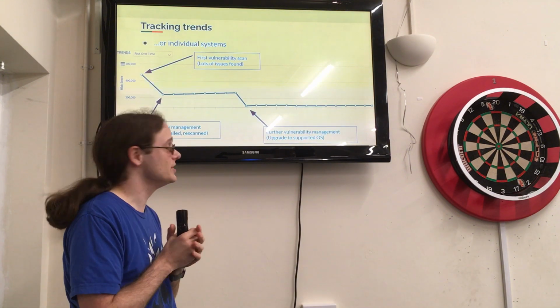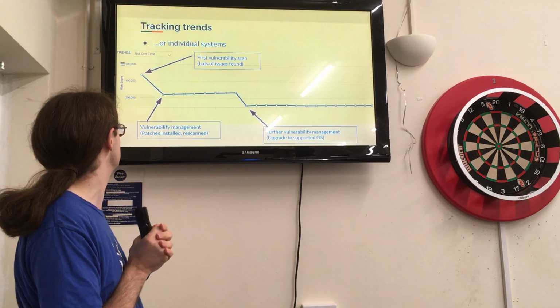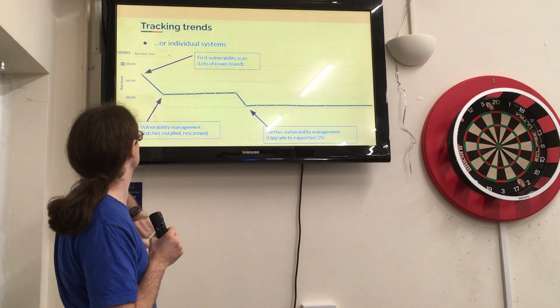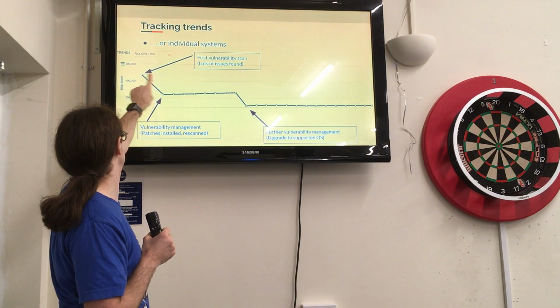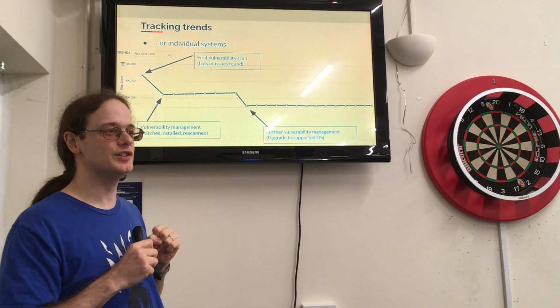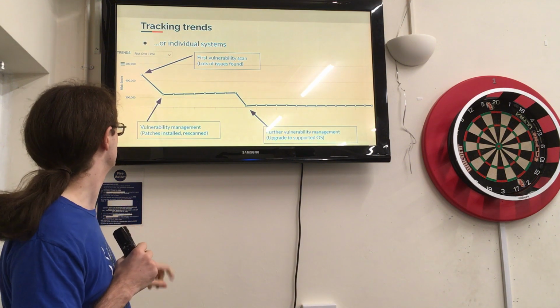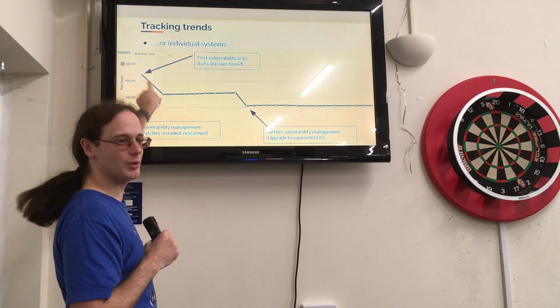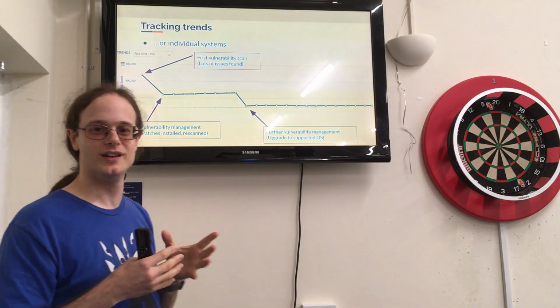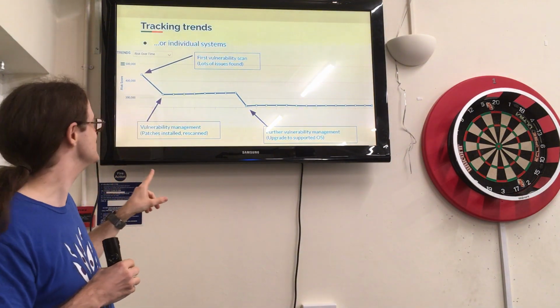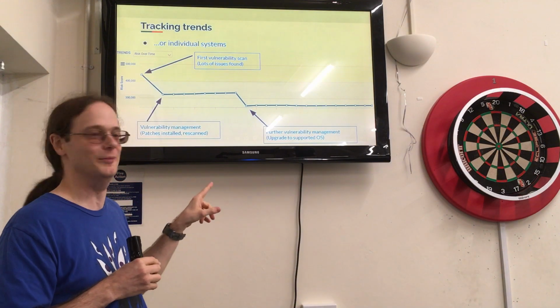Equally, if somebody's responsible for a single server, I know this isn't the 1 million, but the first vulnerability scan was, I don't know, 430,000. That was the first time the system was commissioned and scanned. Some vulnerability management took place there, because all of a sudden we possessed the information to know that some bad stuff had happened. Nobody had installed patches for a long time.